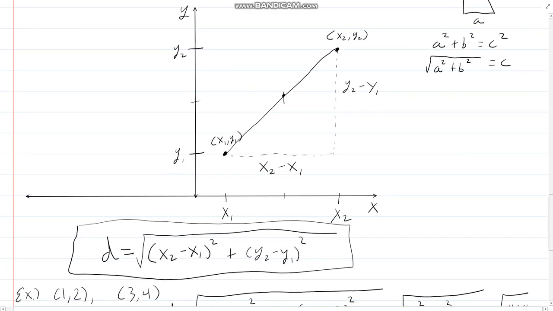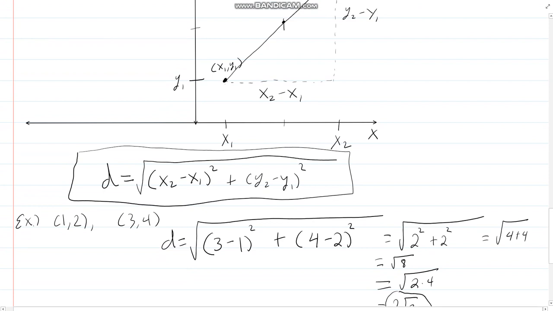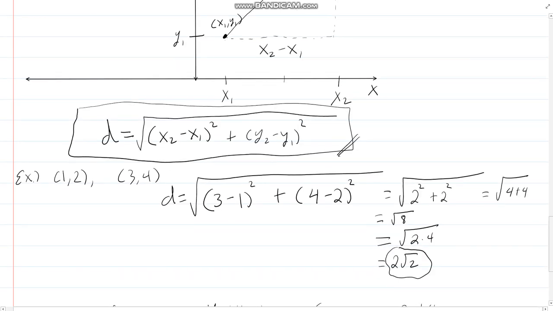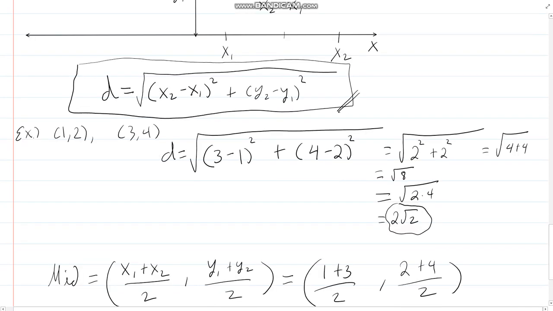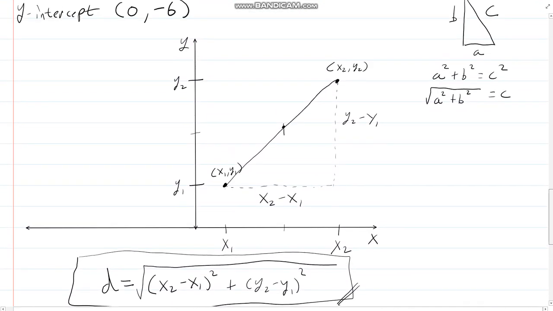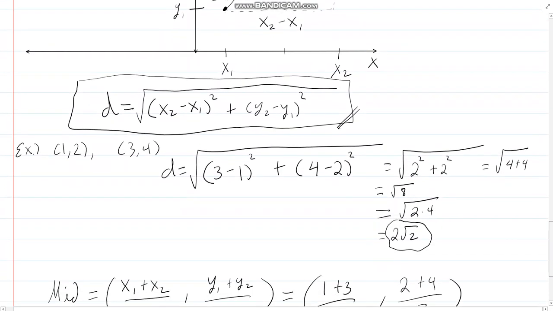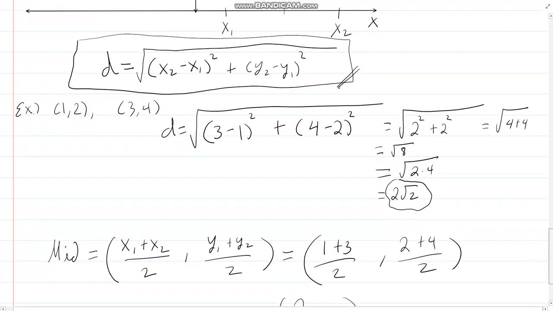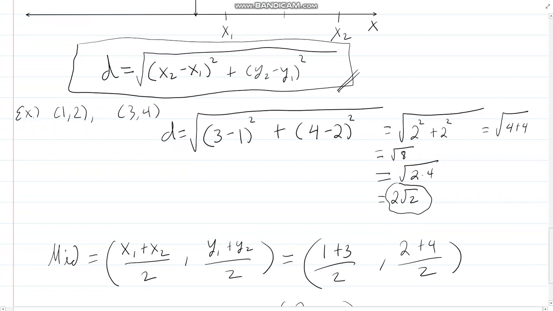However, once these things are derived, you don't have to derive them ever again. You can simply use the formula, and that's what I did for a good portion of my education. I didn't understand where this formula came from. I just used it. So I hope this video helps you understand where the formula might come from, but you can actually just use the formula to find the distance between 2 points.